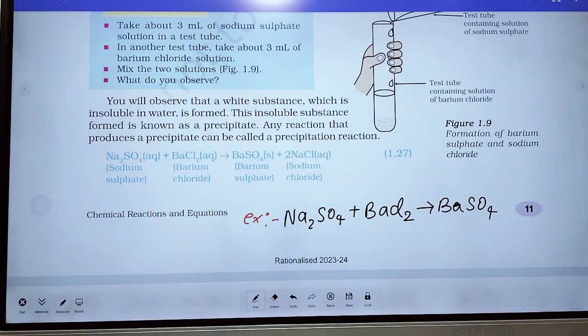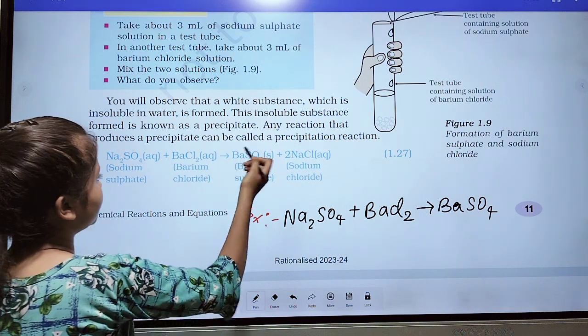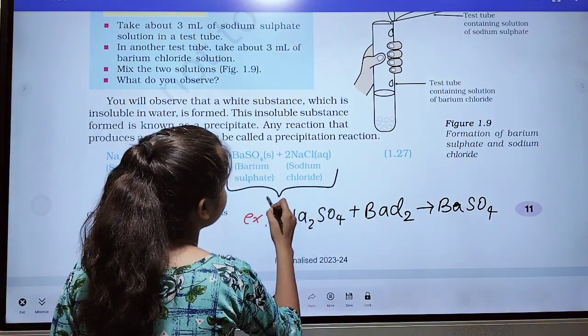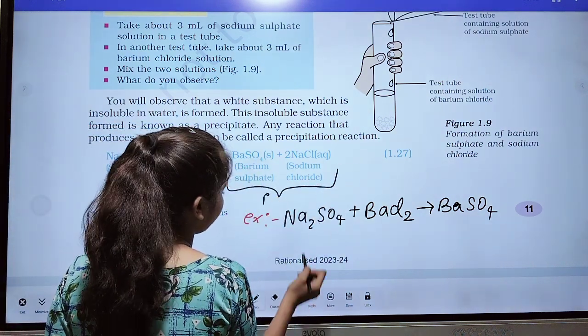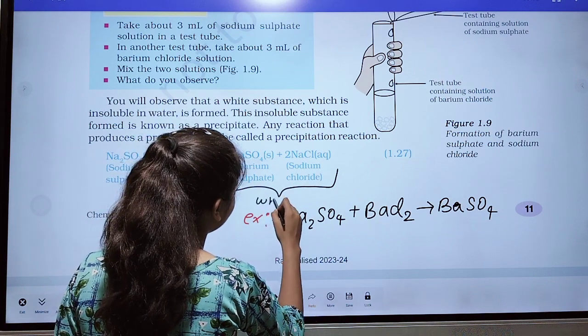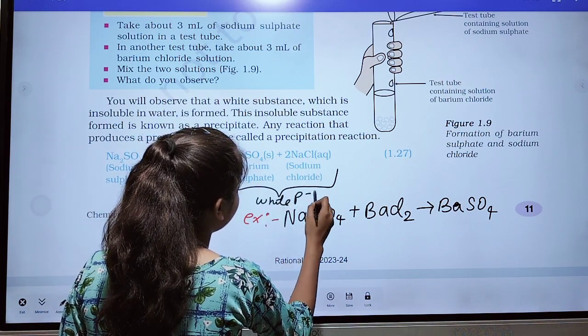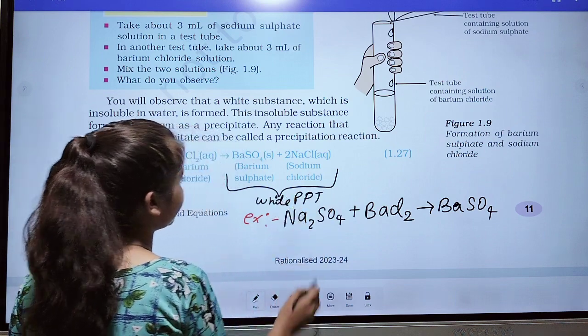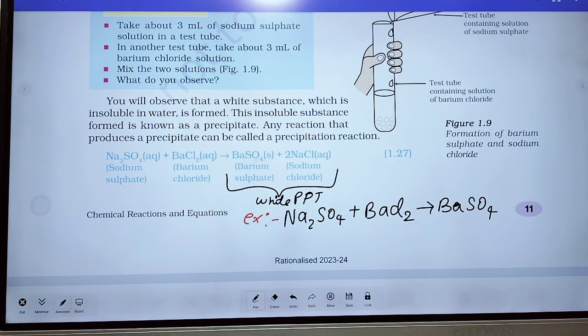So in this reaction between Na2SO4 and BaCl2, a white PPT of BaSO4 is formed. I have shown this example, that is white PPT. Precipitation. Okay, so it shows the white PPT of BaSO4.